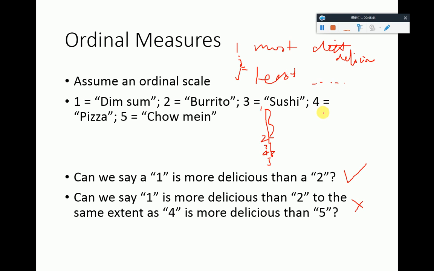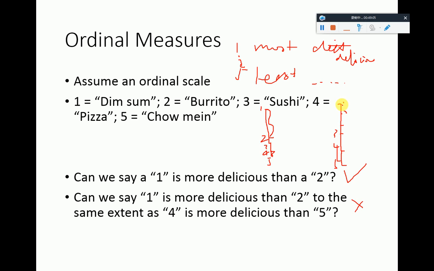And it is equally possible that we have a reverse situation. 1 is still ranked above 2, but everything else has a very wide margin of difference. So 3 is here, 4 is here, 5 is here.